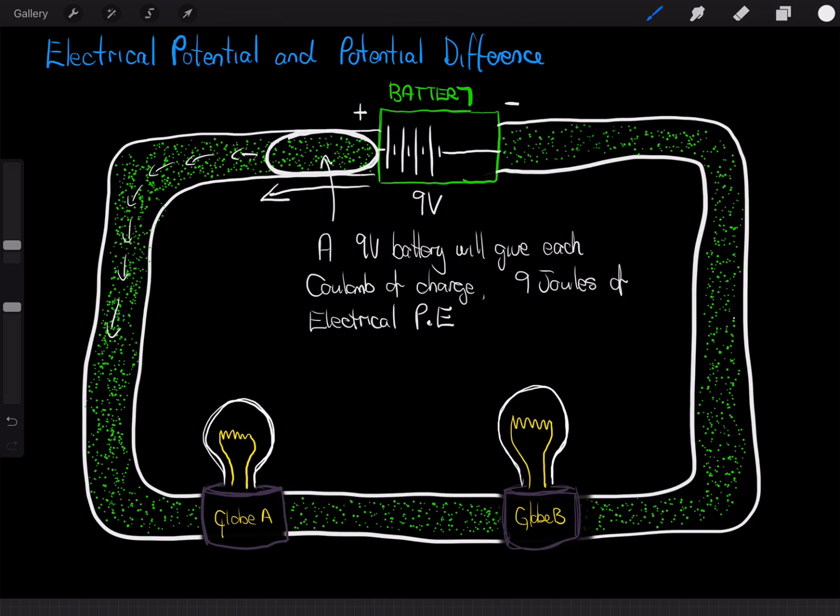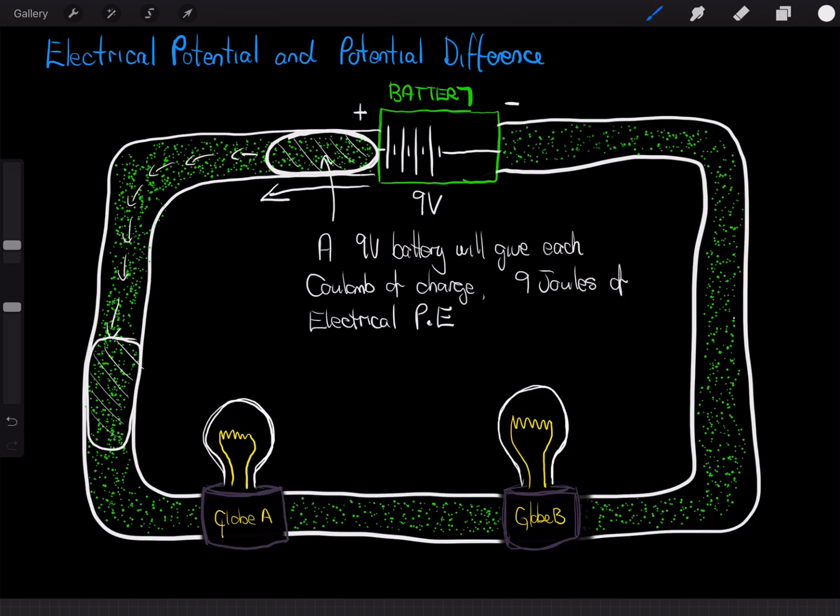Now let's look at it when it's about here. Remember, we started here, there's our coulomb of charge, and it's now moved to this position here. Assuming that the metal wire that this charge is moving through doesn't heat up and doesn't offer any resistance to our charge, it will still have 9 joules of energy.